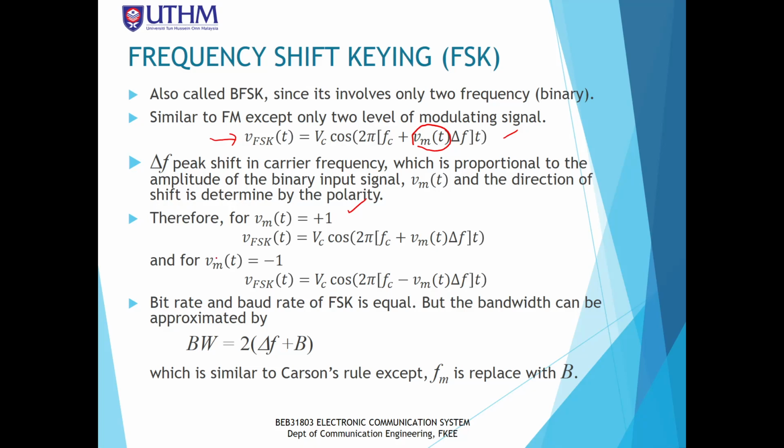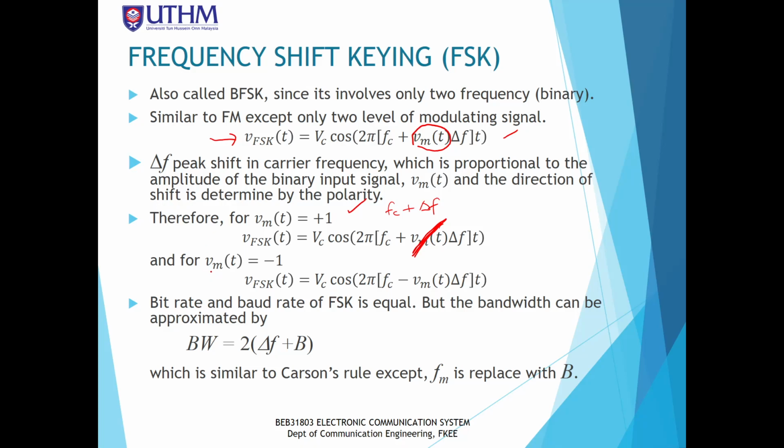So for logic 1, you just need to change Vm(t) into positive 1, so you don't need to put Vm(t) over here. It is actually 2 pi (Fc plus delta F), so this is Fc plus delta F. You are going to produce a high frequency at the output for input logic 1. What about if the input is logic 0?